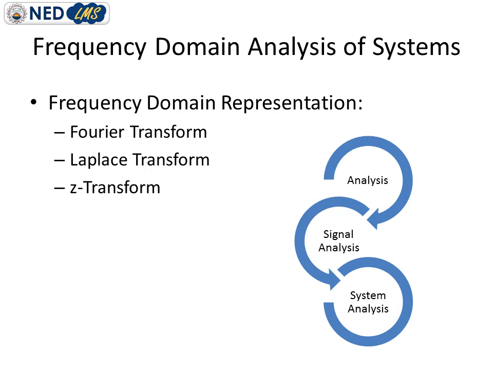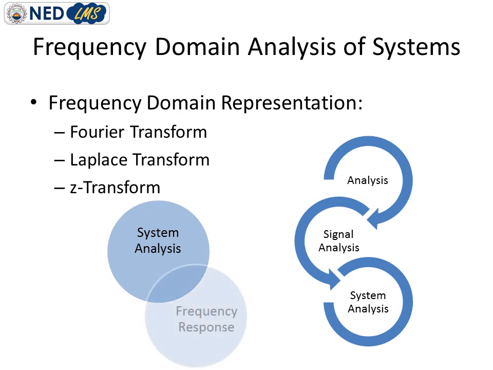So here we can say system analysis can be divided into two parts. First one is its frequency response and second one is its stability. In Laplace transform, stability is denoted by sigma and frequency response is denoted by omega.